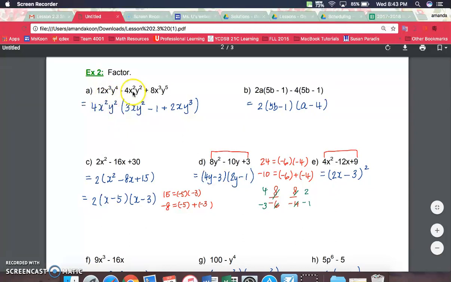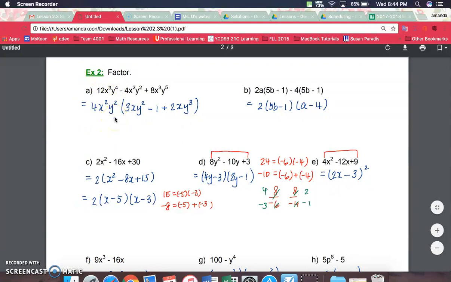I see x cubed, x squared, x cubed again, so x squared is part of the GCF. With y to the power of 4, y to the power of 2, y to the power of 5, y squared becomes part of the GCF. So overall, the greatest common factor is 4x squared y squared.